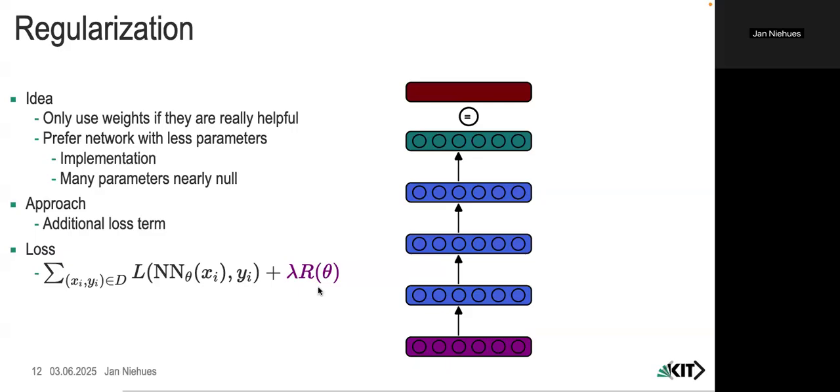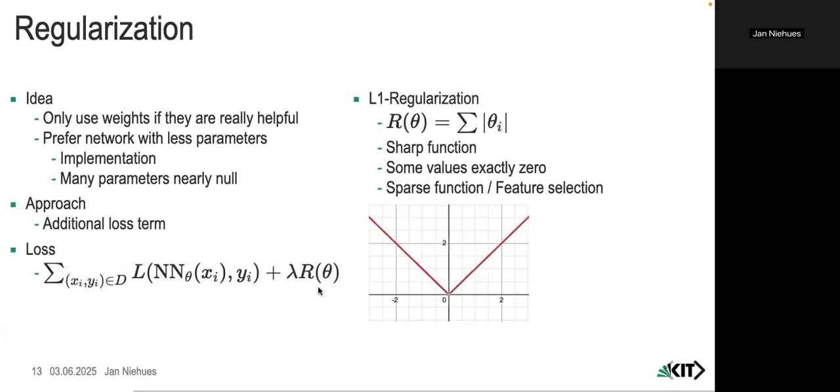Besides that, of course, the question is how does your R look? So how do we measure what is a good model that uses as few parameters as possible? The first and easiest thing is L1 regularization, which means you're just taking the absolute value of all your parameters.